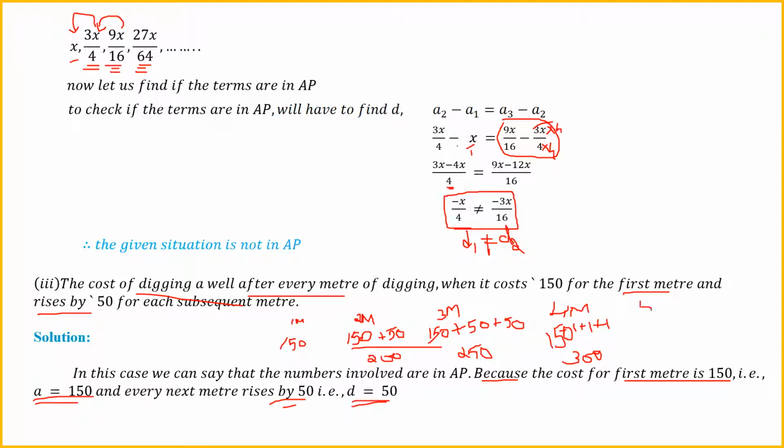Obviously if it's 5 meters we would say 350. So when you cross check the pattern, it's 50 being increased, the D value is constant. Therefore the given situation gives rise to an arithmetic progression.